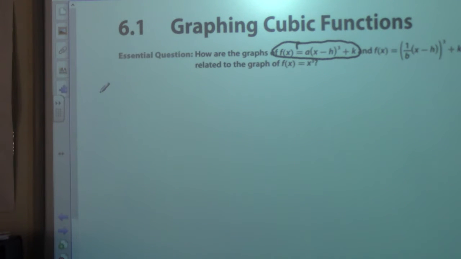So, what are the types of transformations we talked about? Remember what they were? Who said translation? Very good. One of the things is a translation. Did we talk about reflection? Yeah, we did. Translation is taken care of by this h and this k.